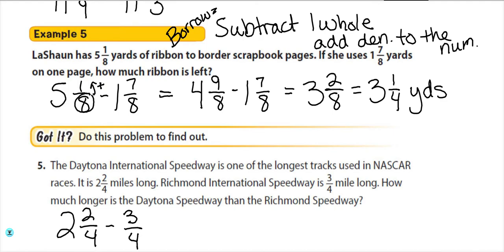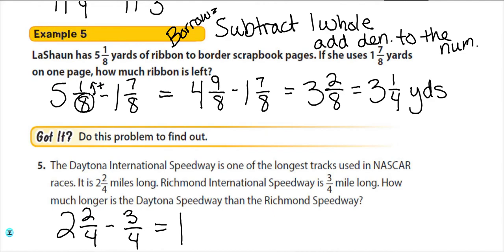Well, I have 2 and then minus 0, technically, if there's nothing there. So yes, I can do 2 minus 0, but can I do 2 minus 3? No. So what do I do? I'm going to follow my borrow rule, which is to subtract 1 whole. So this is going to be 2 minus 1, which would be 1. And then I'm going to add the denominator to the numerator.